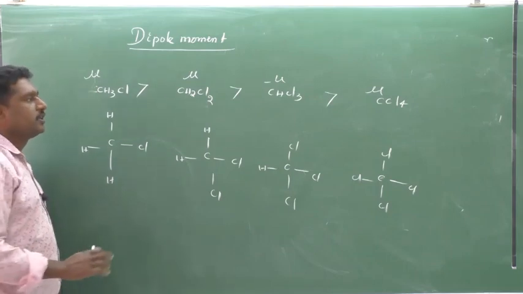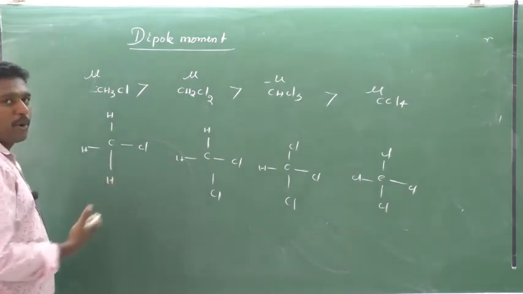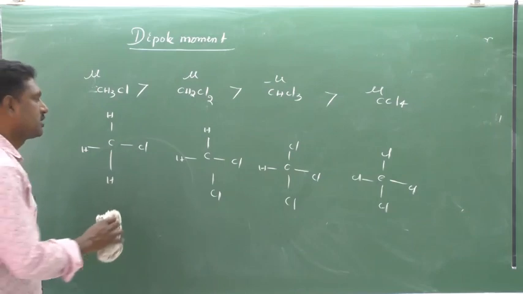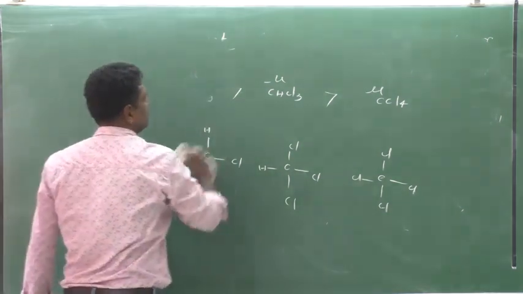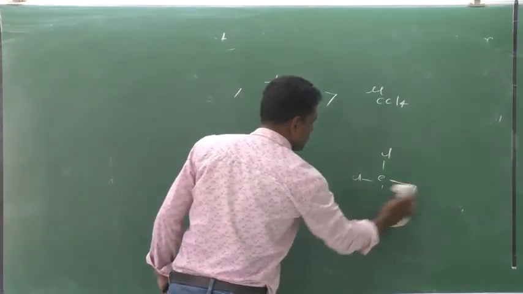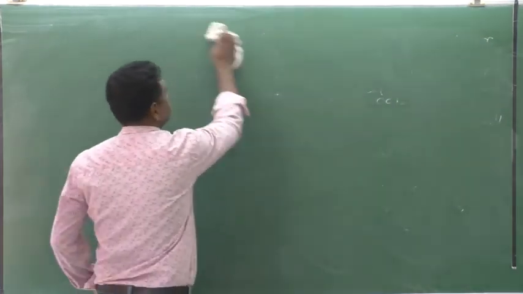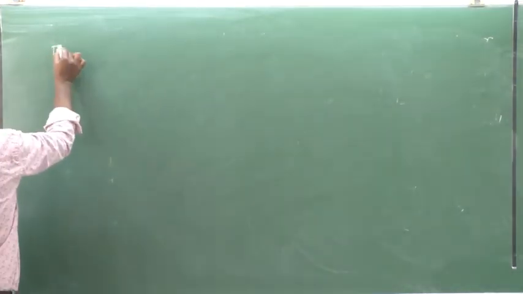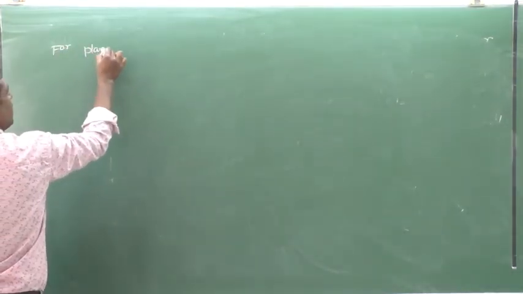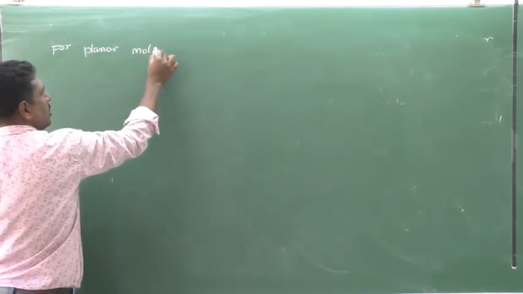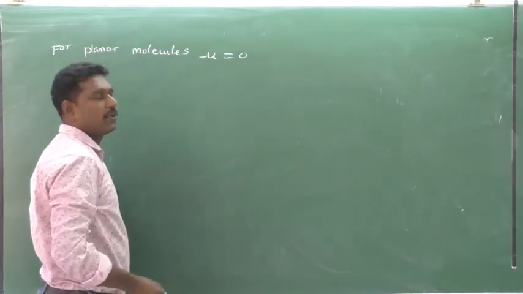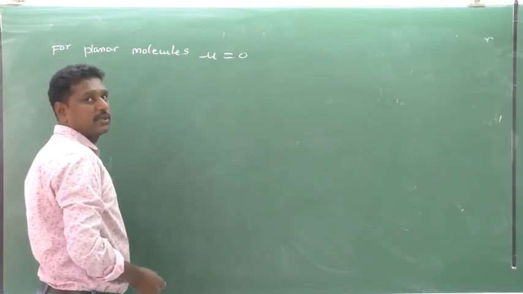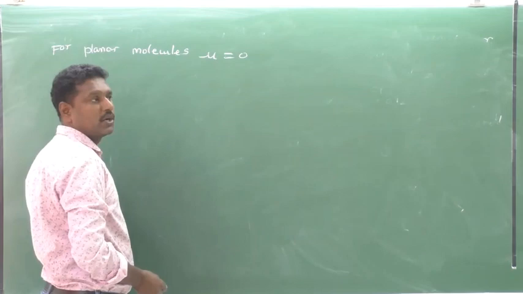After that, we are discussing some more examples of dipole moment. For planar molecules, mu equals 0.